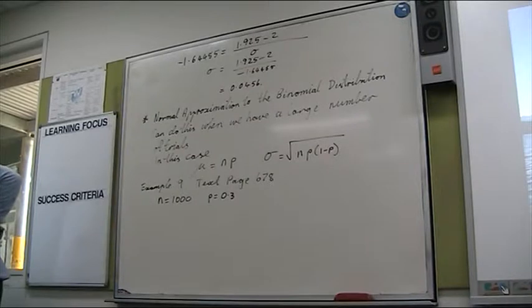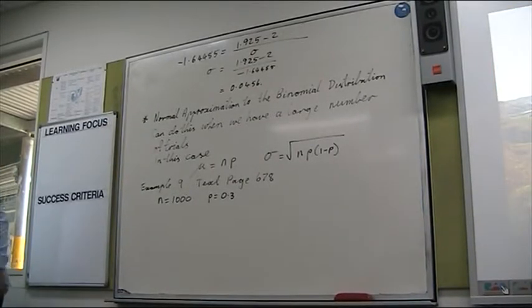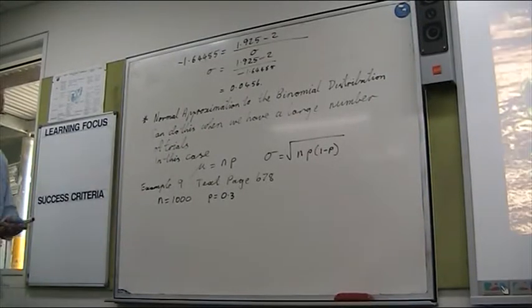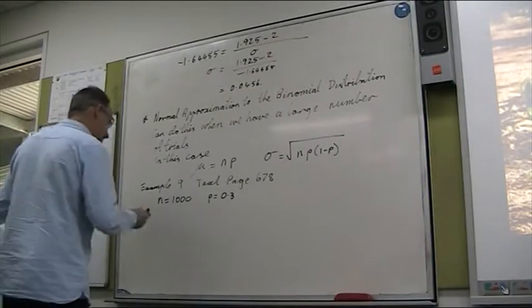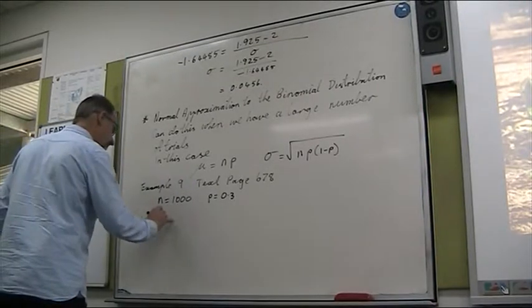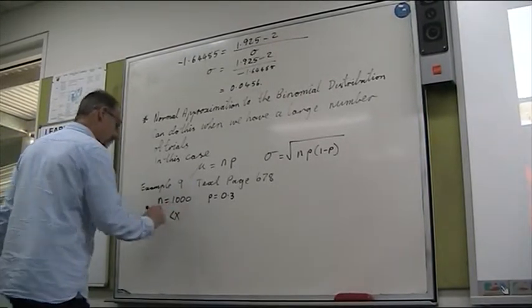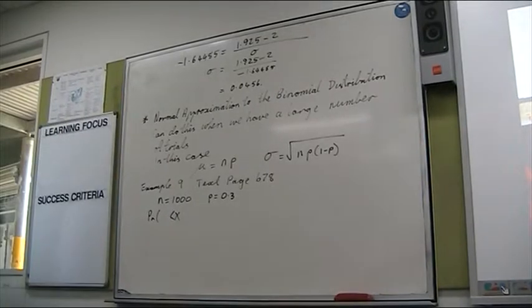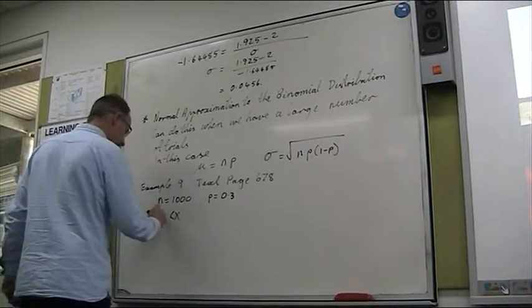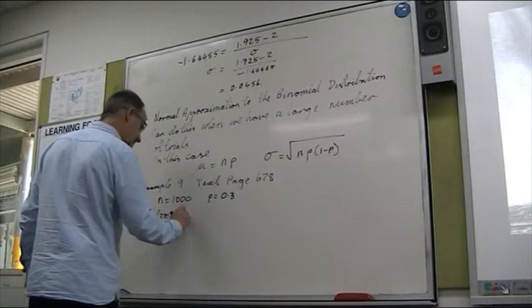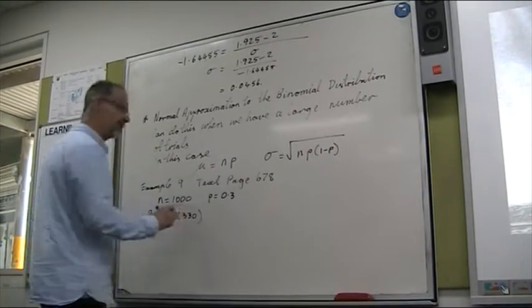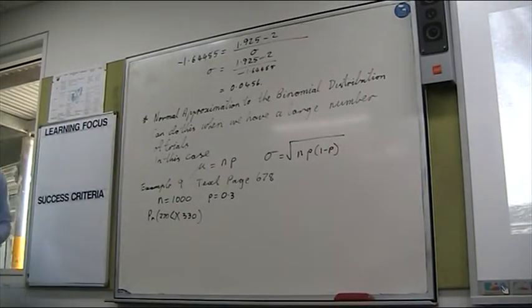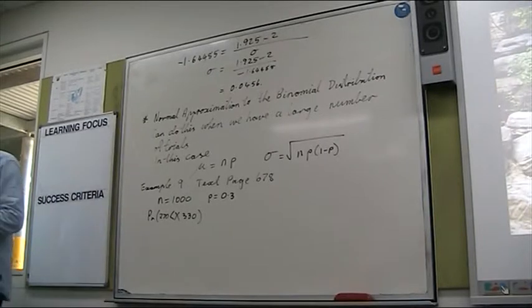Find the approximate probability that between 270 and 330 in this sample were in favour. So we want to know the probability that the number in favour is between 270 and 330. There's only one part to the question.